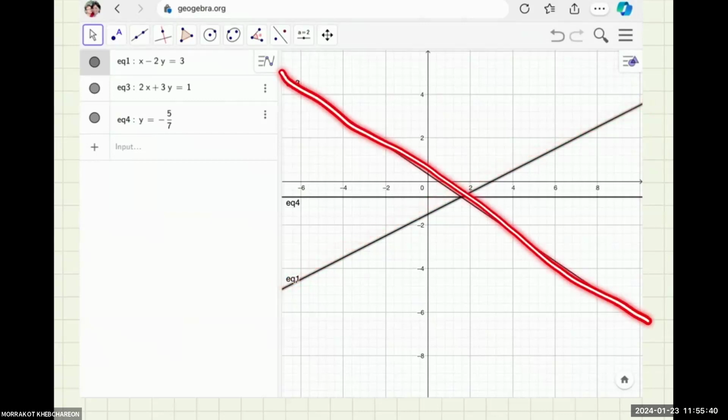This equation is 2x plus 3y equal to 1. The intersection is here, okay?